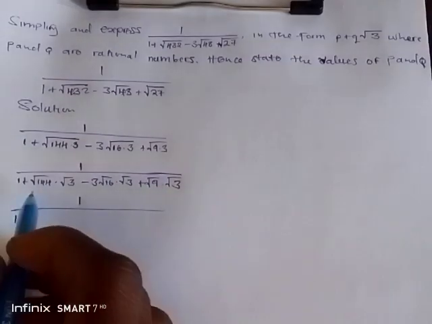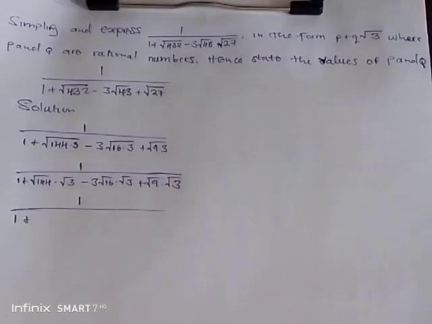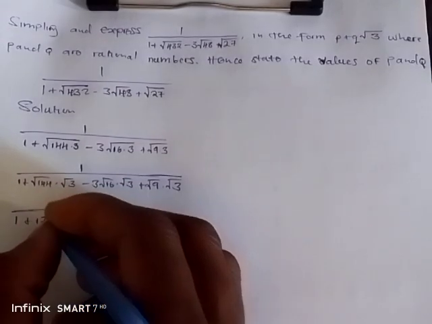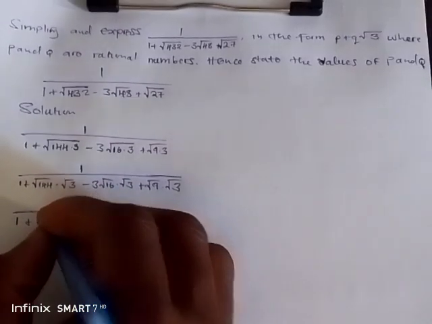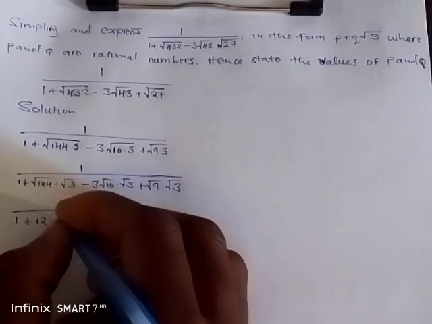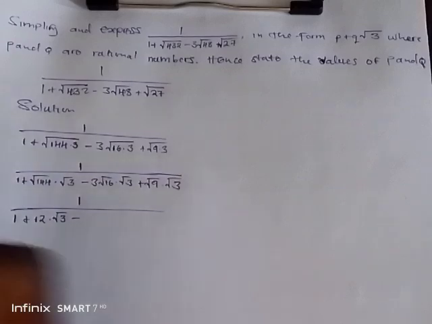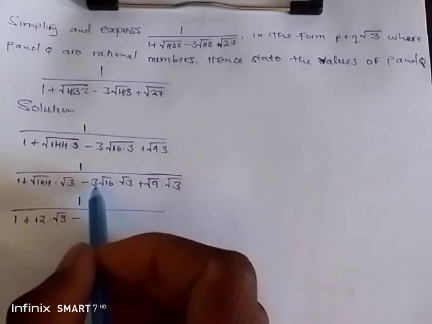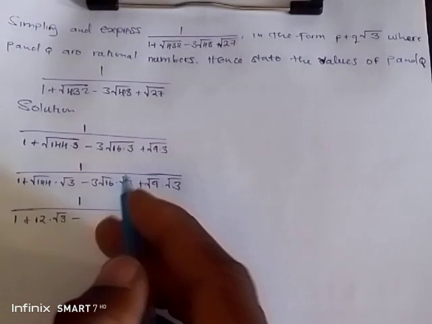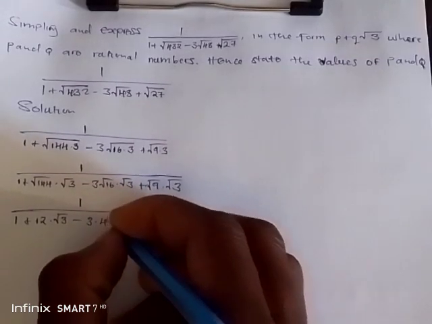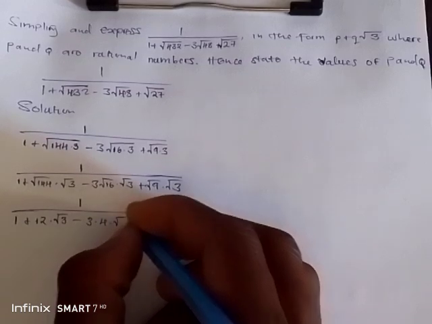We are going to say 1 over 1 plus, so what is the square root of 144? The square root of 144 is 12, so we're going to say 12 multiplying this root 3, minus, then the square root of 16, it's a 4. So we're going to say 3 multiplied by 4, then multiplying root 3.